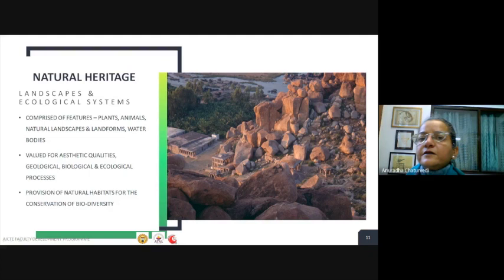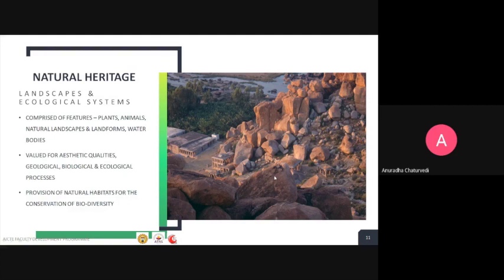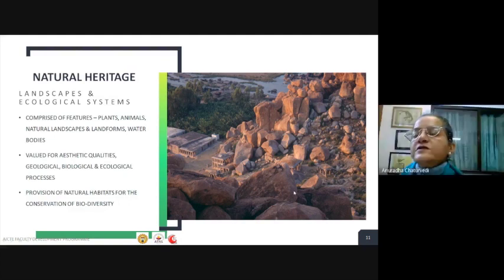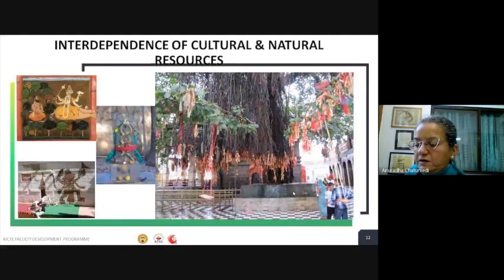And the landscapes and ecological systems are also significant because of the provision of natural habitats for the conservation of biodiversity. All of these are very closely linked with the different sustainable development goals.